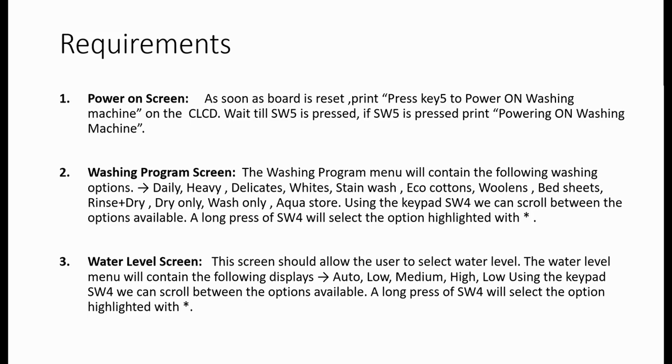If you press switch 5, it should show that it is powering on the washing machine. Requirement number 2: washing program screen. This screen contains the following washing options: daily, heavy, delicate, whites, stain wash, eco cottons, woolens, bed sheets, rinse dry, dry only, wash only, and aqua store.